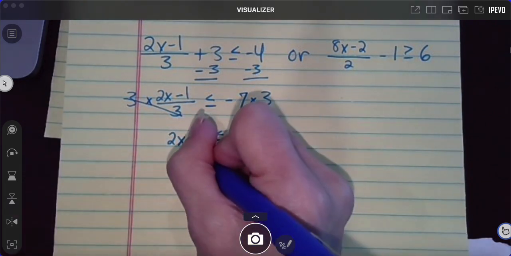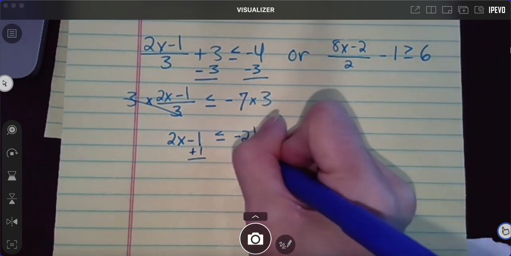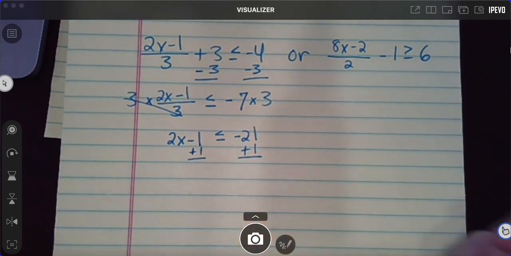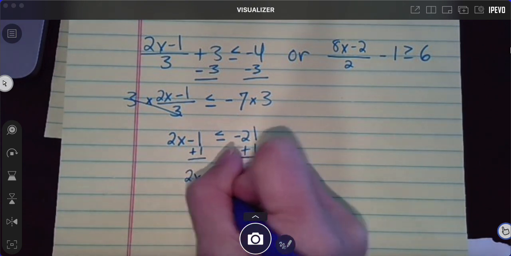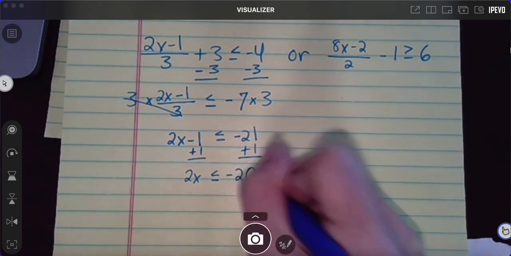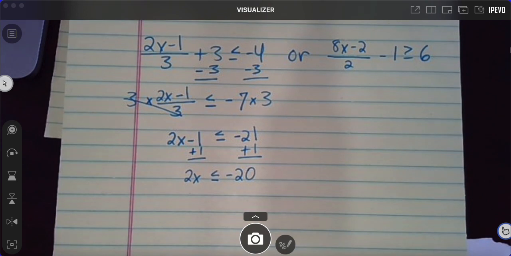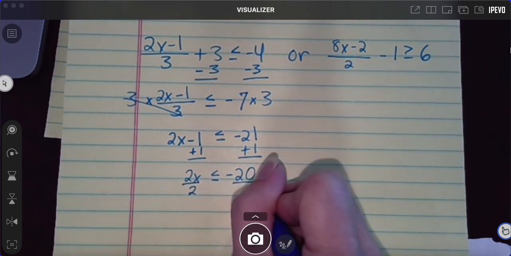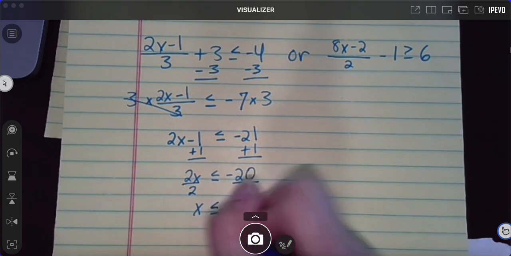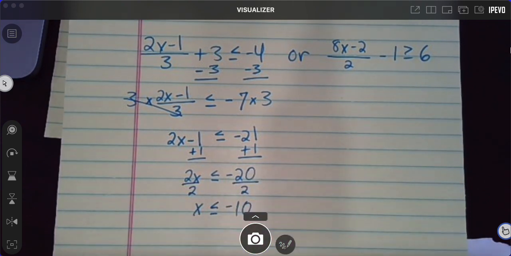Yeah, it says minus 1, so we're going to add 1. And 2x is less than or equal to negative 20. And then my last step, what do I do? Oh, question? We're good? Okay, now I'm dividing by a positive 2, so my sign, again, it just stays the same. And there's that answer.